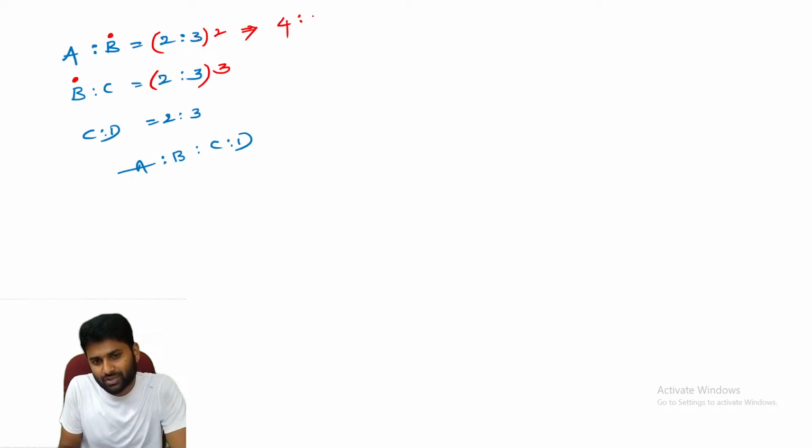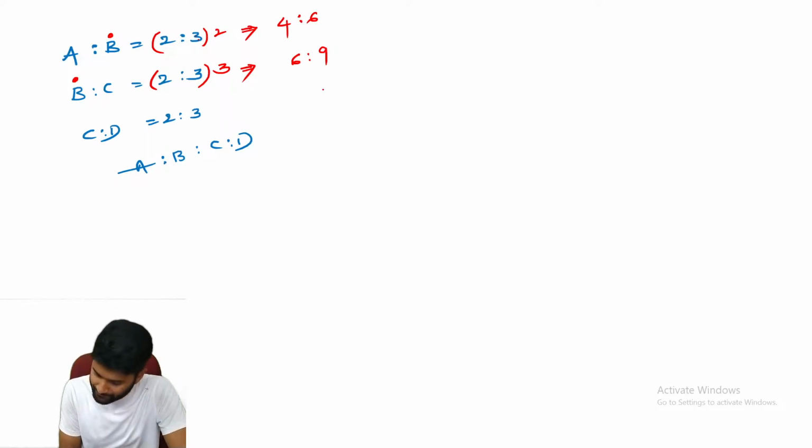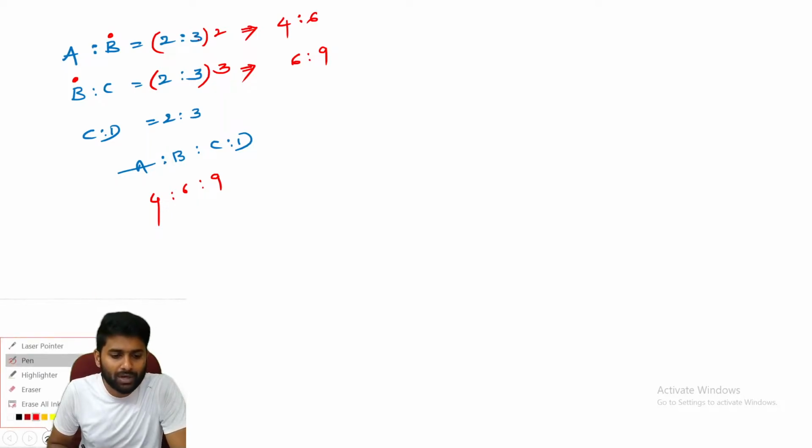Instead of 2 is to 3, we have to take 4 is to 6. The same way, B is to C. Instead of 2 is to 3, you have to take as 6 is to 9. Once you change the values, you can able to see that B is common. So B is common, 6 and 6. Now, if you observe first two expressions, you will get the ratio of ABC as 4 is to 6 is to 9.